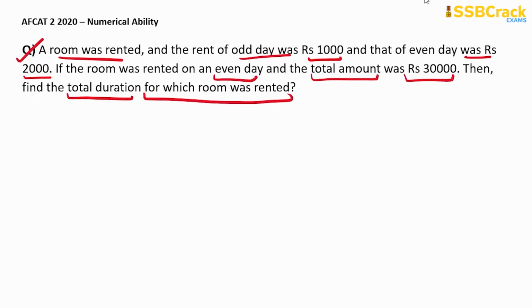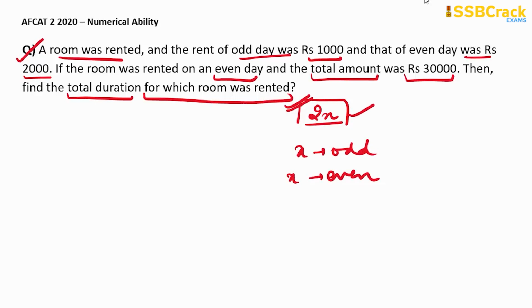Then find the total duration for which the room was rented. Okay, so if a person takes the room for 2x days, let us suppose, right? Because that 2x will contain x odd days and x even days, right? And for that 2x days, he paid rupees 30,000 to the owner.